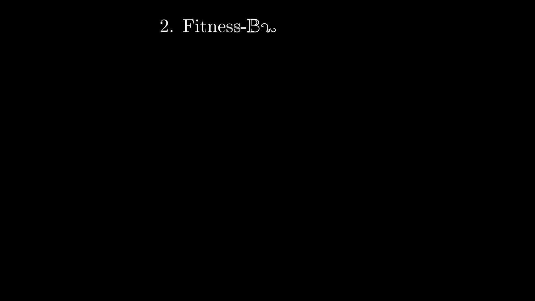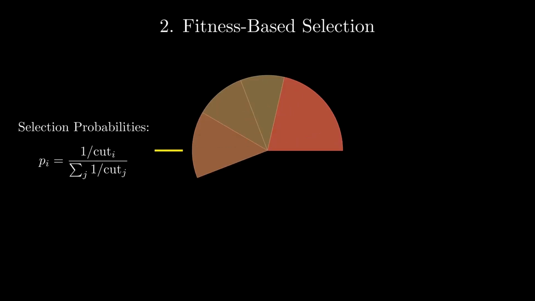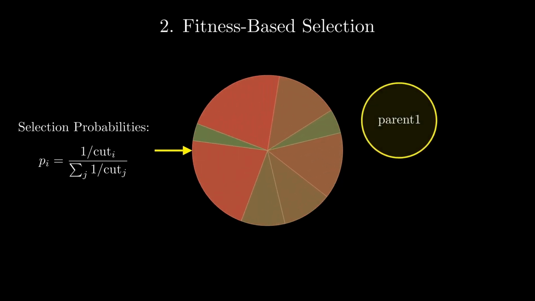Selection operator. Selection favors individuals with superior fitness, ensuring their genetic material is passed on to the next generation. We calculate selection probabilities inversely proportional to each individual's cut value, emphasizing the importance of minimizing edge cuts.